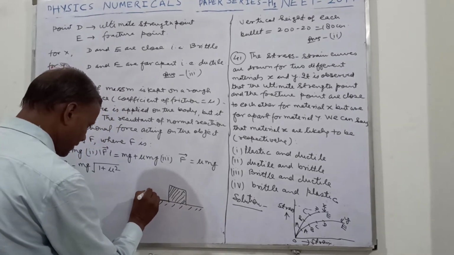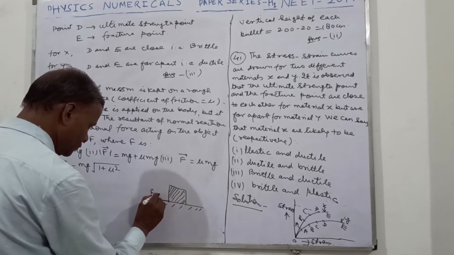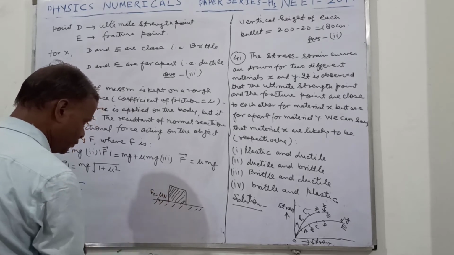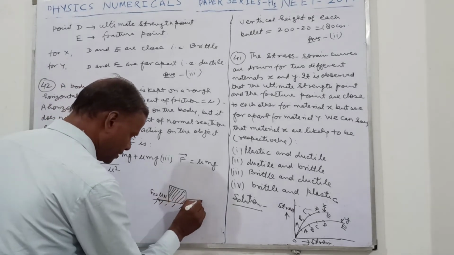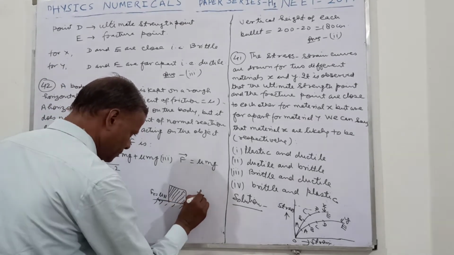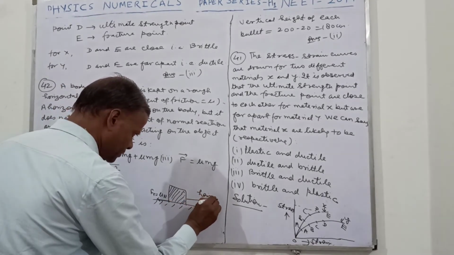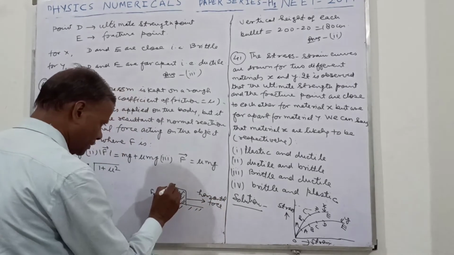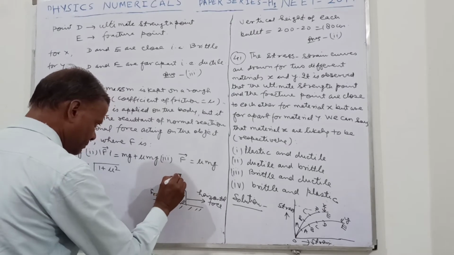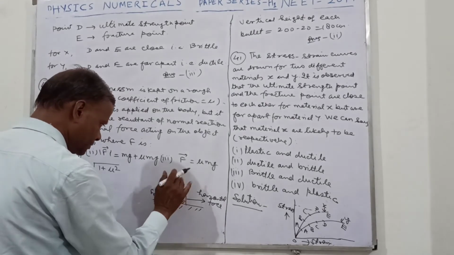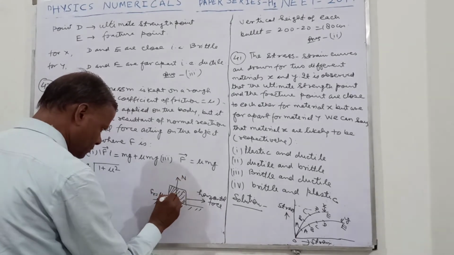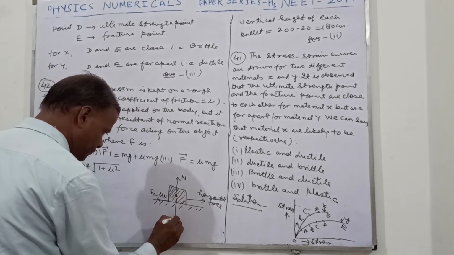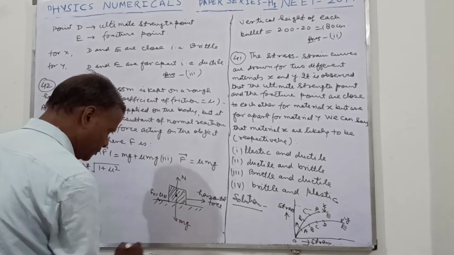This is your Fr equal to mu N, and a horizontal force is applied. Now its normal reaction will be like this, and its weight will act vertically downward.